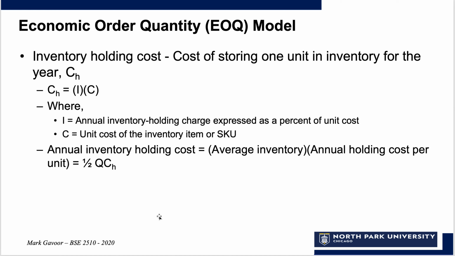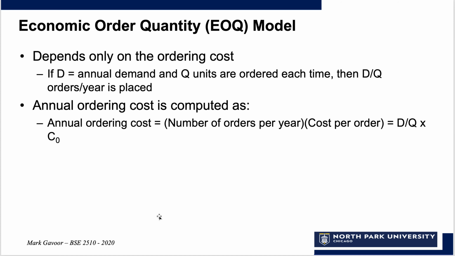Annual inventory holding cost is average inventory, which is Q divided by 2. Q is our variable, how much do we order? And annual holding cost per unit, which is C sub H, so it's 1/2 Q C sub H. Also we have the ordering cost.